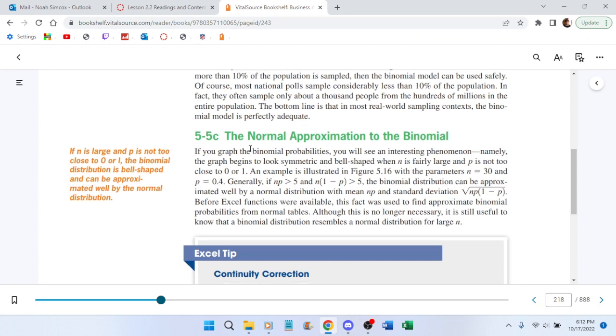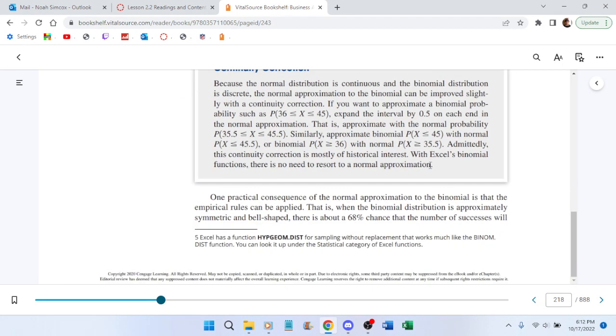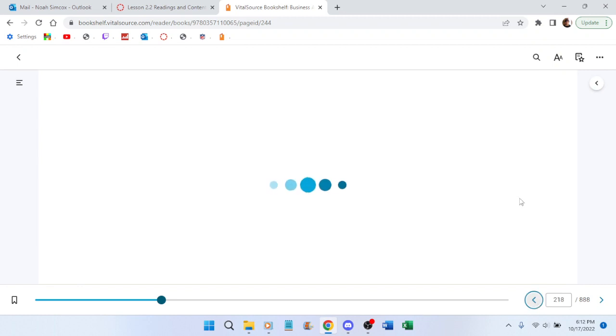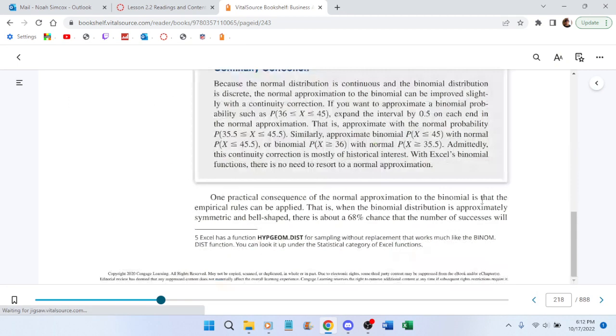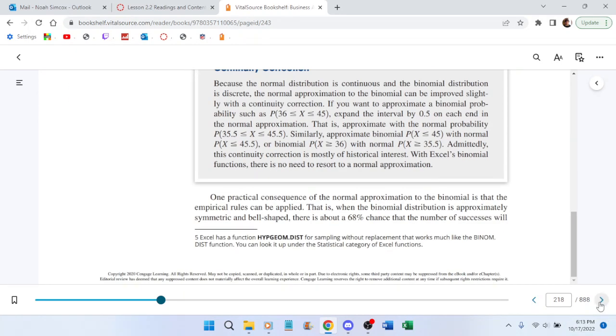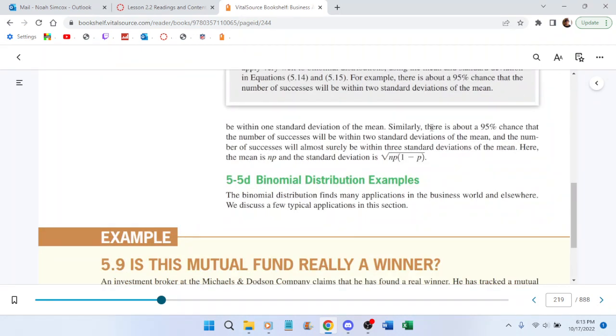Do we really need to know that fact? Whoa.